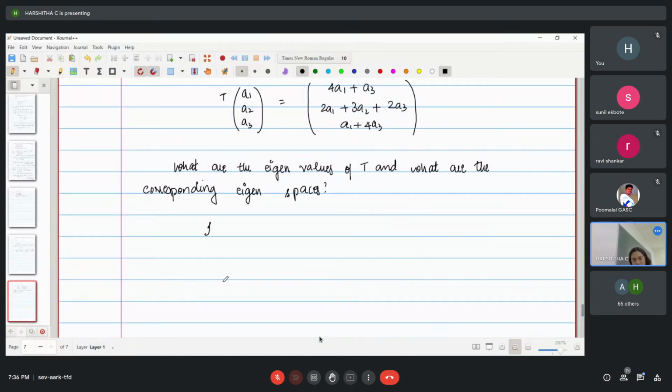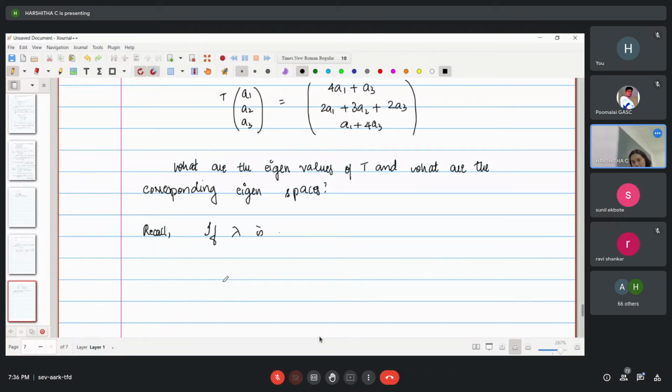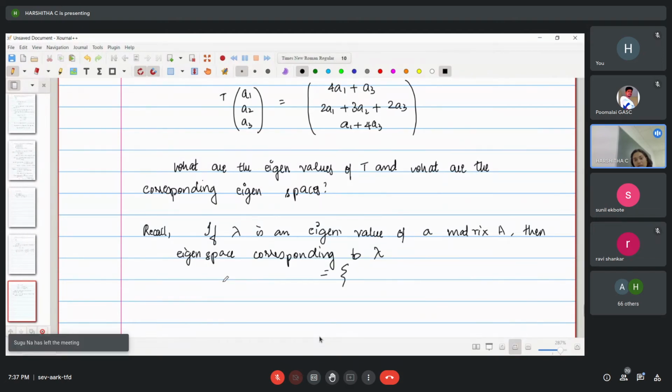If lambda is an eigenvalue of a matrix A, then the eigenspace corresponding to lambda is all those eigenvectors corresponding to the eigenvalue lambda.